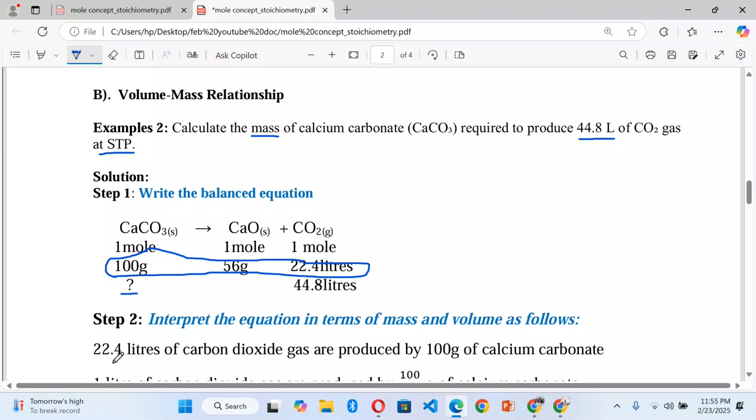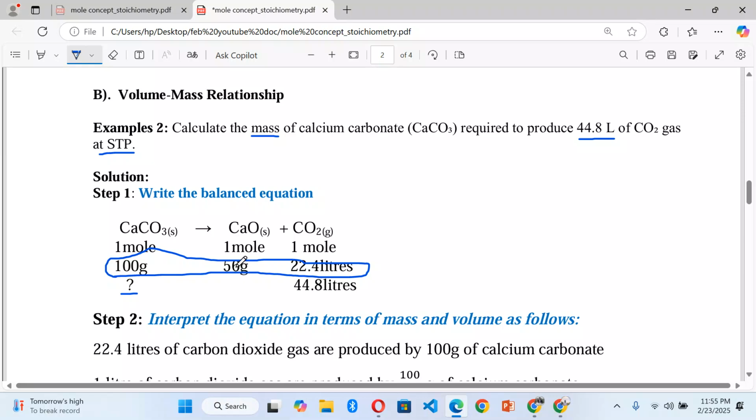So we're saying that 22.4 liters of carbon dioxide gas are produced by 100 grams of calcium carbonate. Now the question is, where are we leaving the calcium oxide? The calcium oxide is not being included.